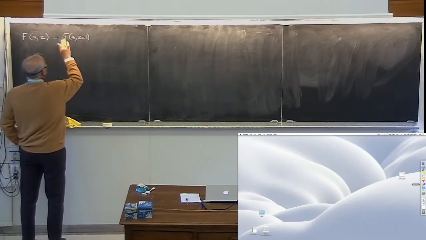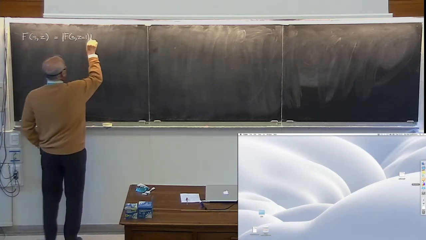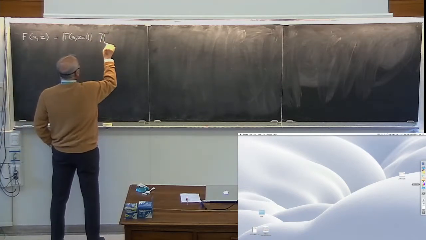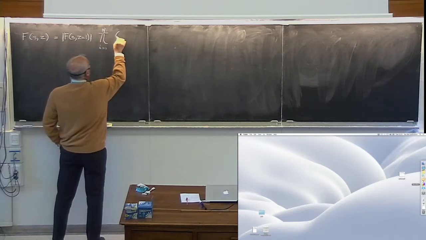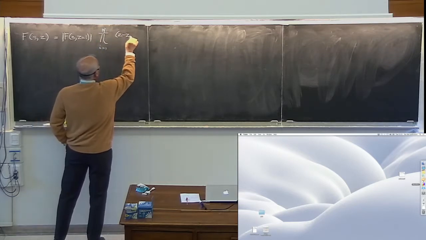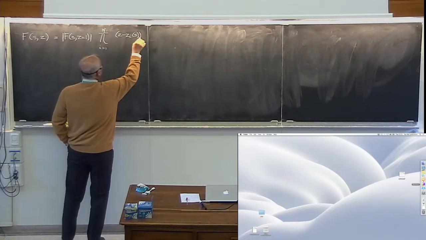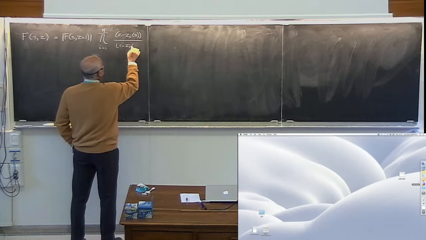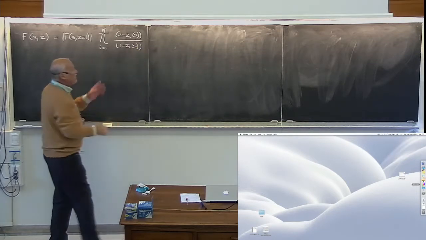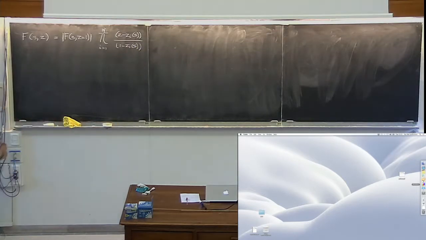Let me write the modulus of the amplitude in the forward direction, and then a product of terms of the zeros. The factor on the bottom is just to normalize these, and the z_i are the positions, the complex values, of the zeros.